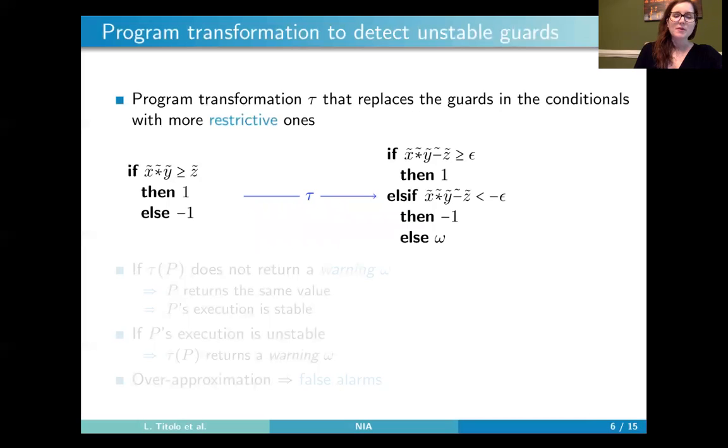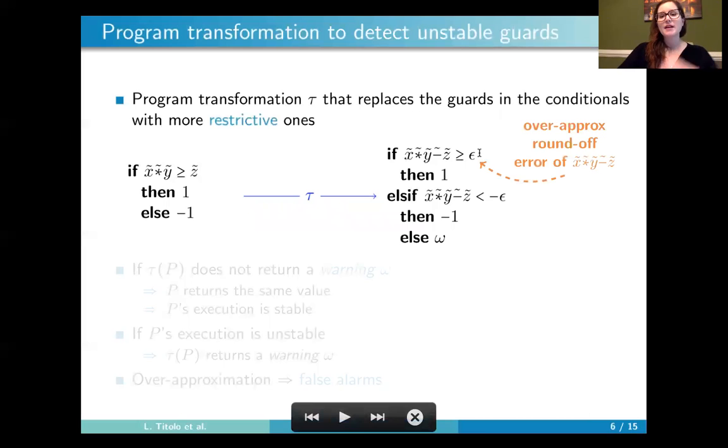So to solve this problem, we have defined a program transformation called tau that replaces the guards in the conditional if-then-else with more restrictive ones. So given our example, we can replace the guard x * y >= z with this guard here, x * y - z >= epsilon, where epsilon is a correct over-approximation of the round-off error occurring in x * y - z.